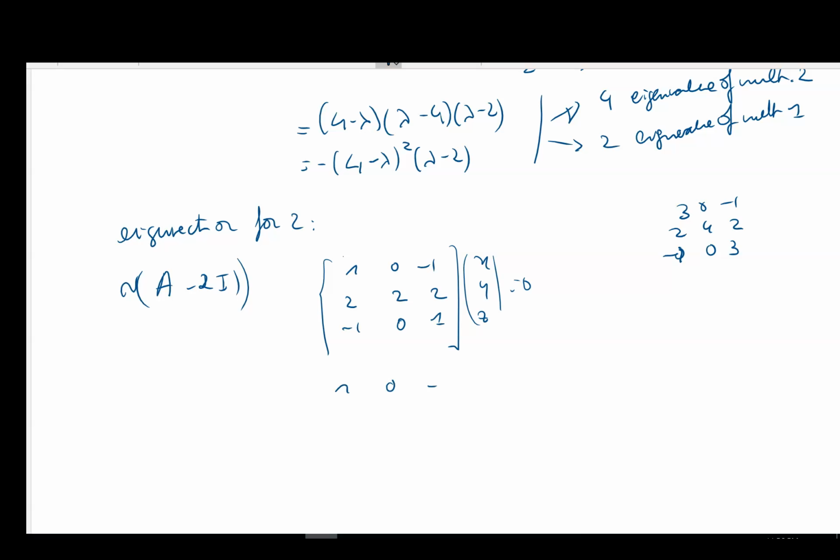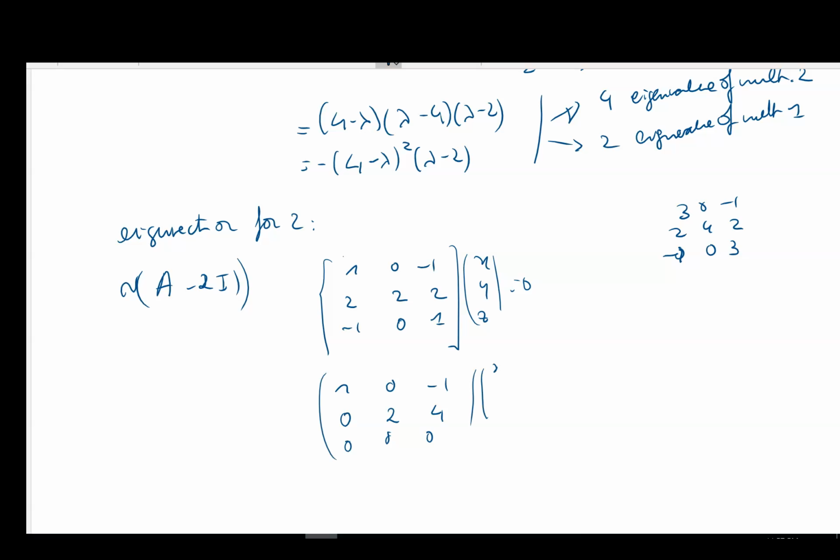So I get 1, 0, negative 1. Row 2 minus 2 times row 1, that's going to be 0, 2, 4. And now I get row 3 plus row 1, that's just 0, 0, 0.